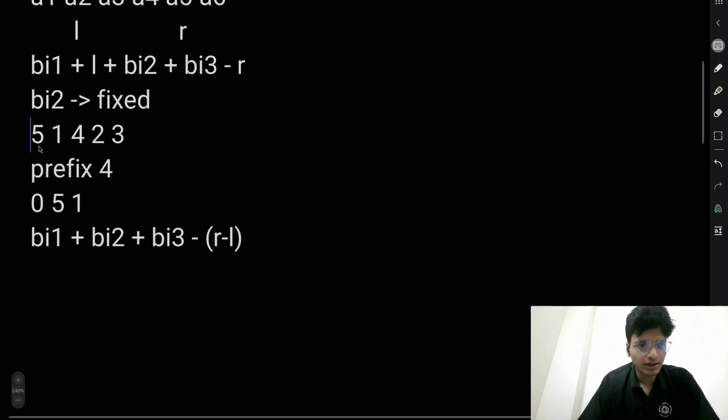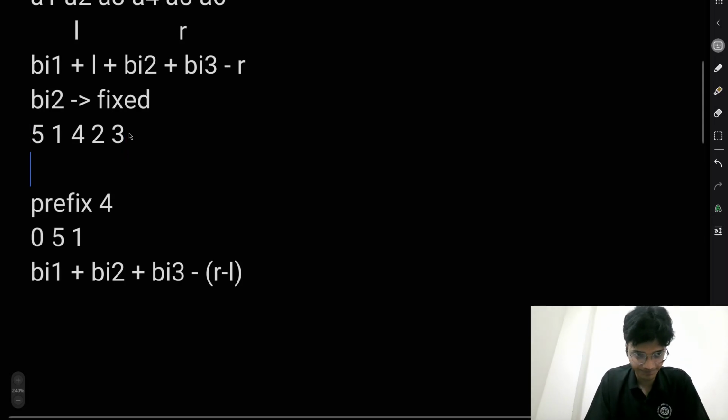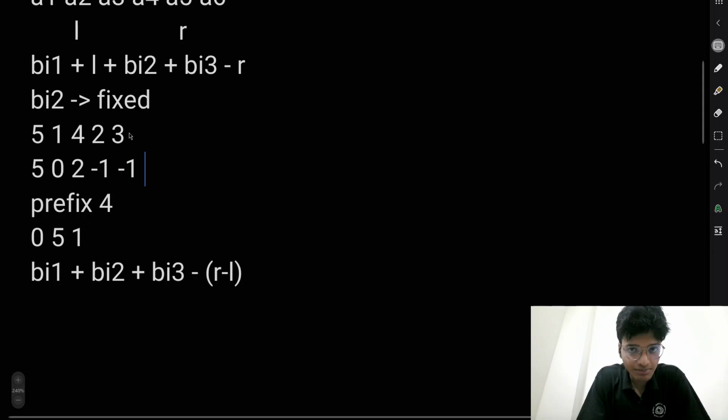For the zeroth index, what is the maximum so far if we travel? It would be one minus one that is zero, and four minus two that is two, two minus three that is minus one, and minus one.